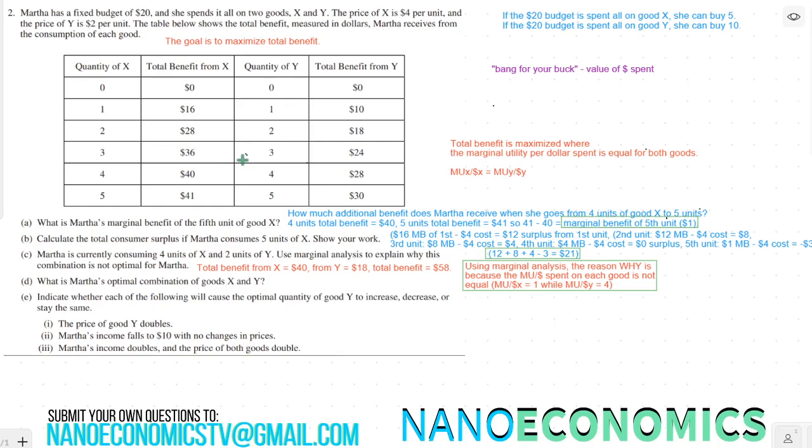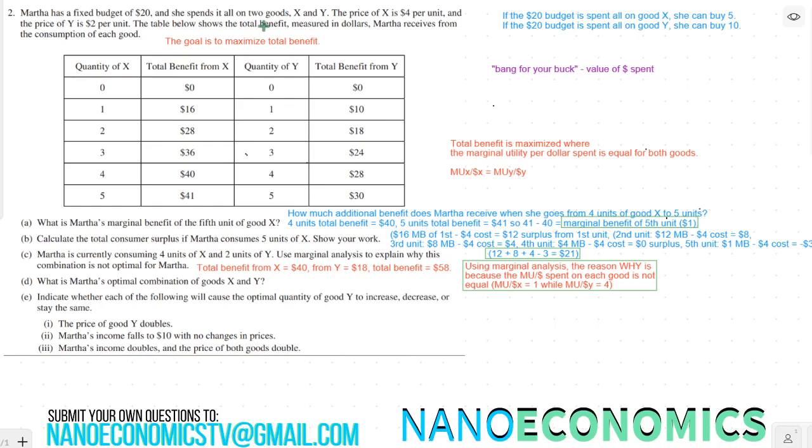So we're given a fixed budget of $20, and she's going to spend it all on 2 goods, X and Y. So this is a common setup and assumption here, that you have a set budget and all of it is going to be spent, and you're going to be purchasing or choosing between 2 goods.